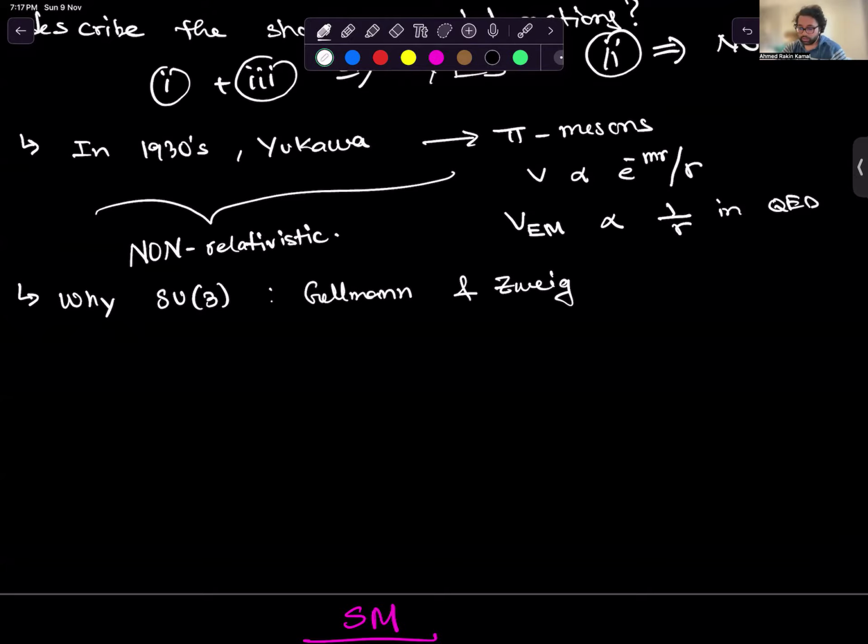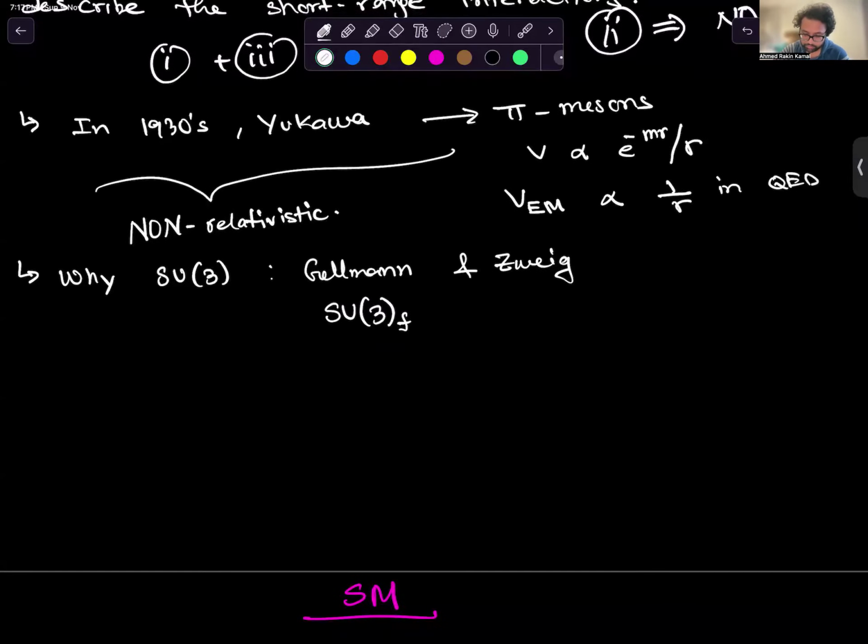So what they proposed was they noticed an approximate symmetry, which they called the SU3 flavor symmetry, and tried to build up the theory of baryons and mesons. But this was partially correct. SU3, they correctly identified it, but it created a problem.